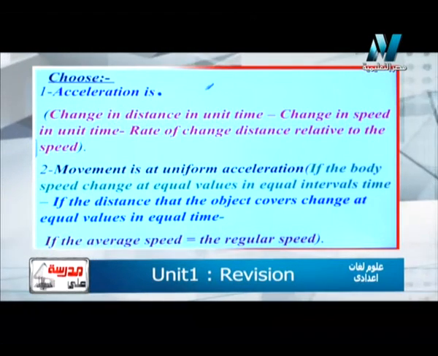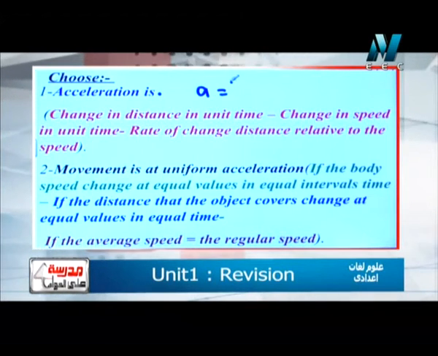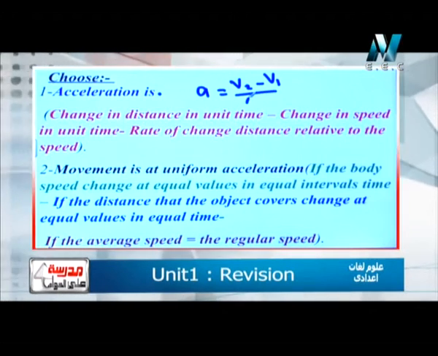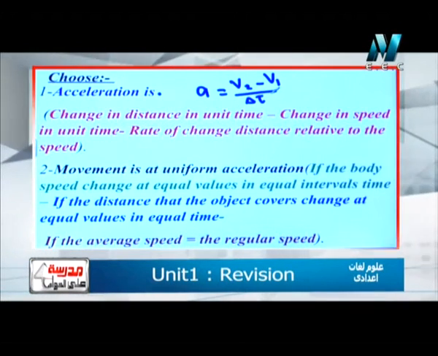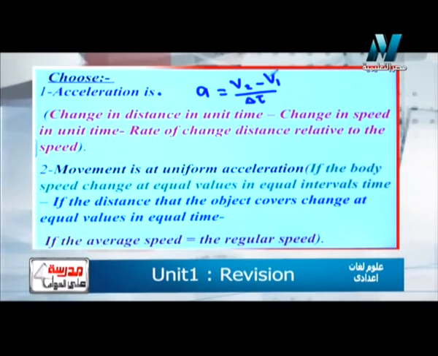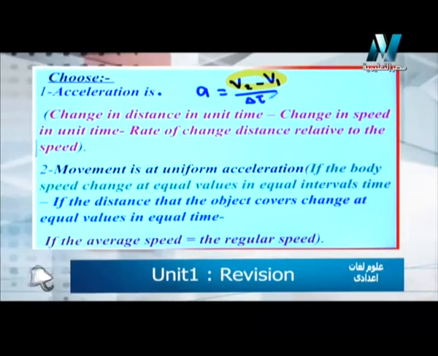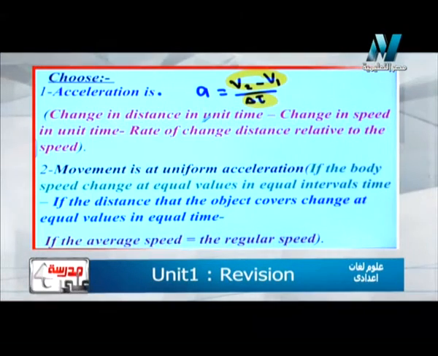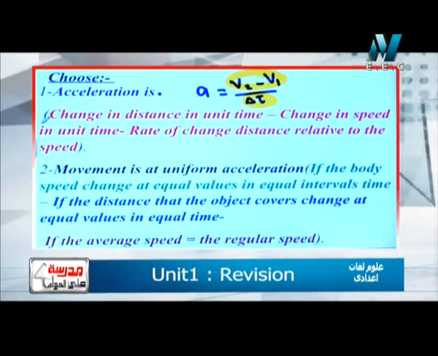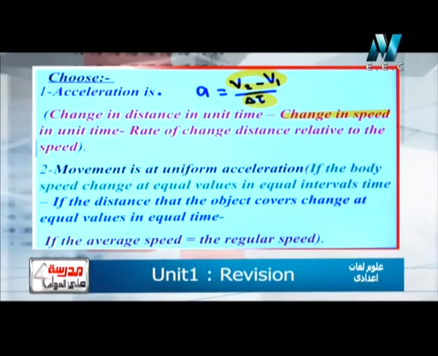Acceleration equals final speed minus initial speed divided by the delta time. So acceleration is the change in speed in unit time. So we choose the change in speed in unit time, from the mathematical rule.